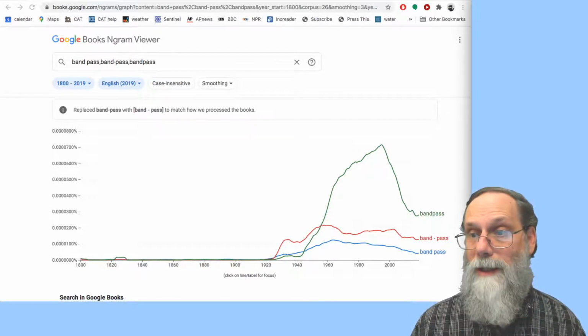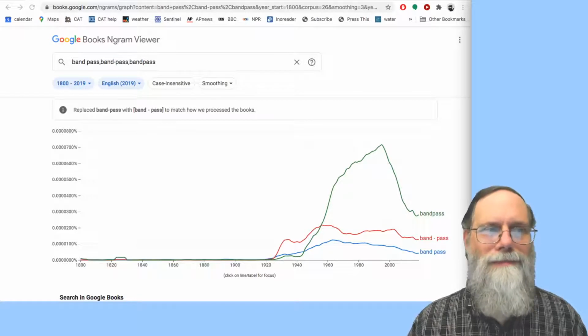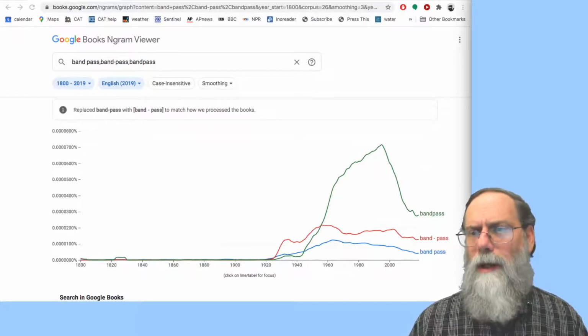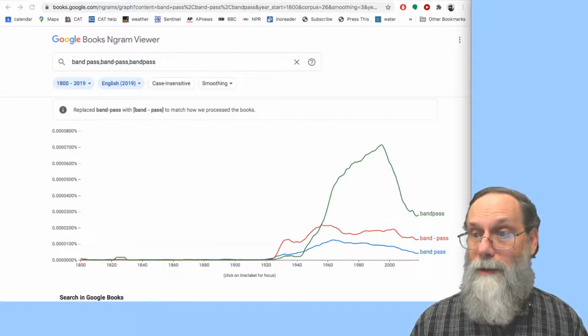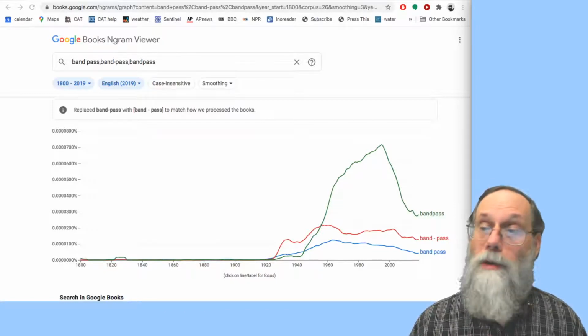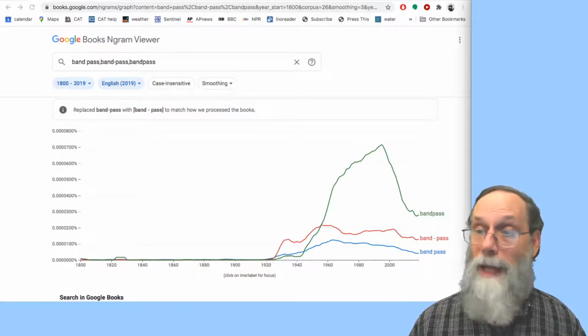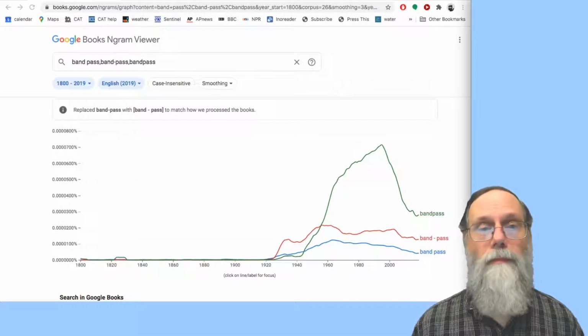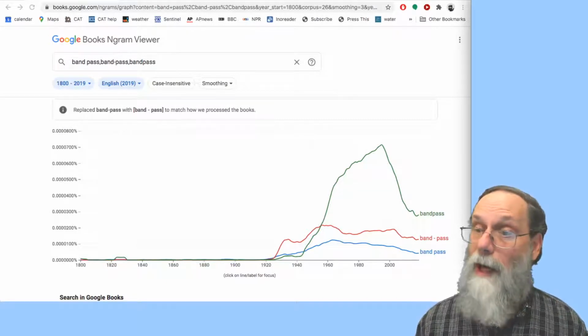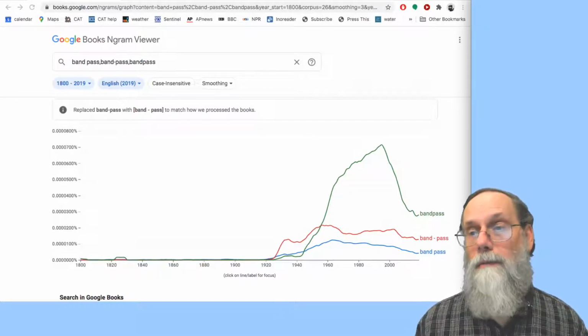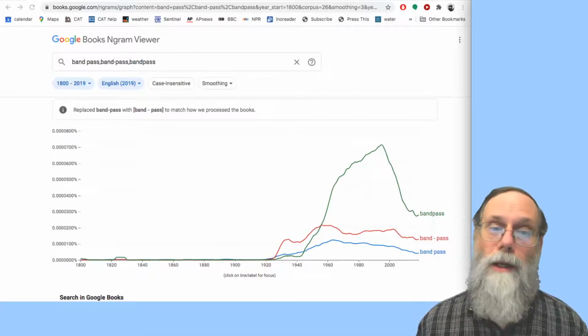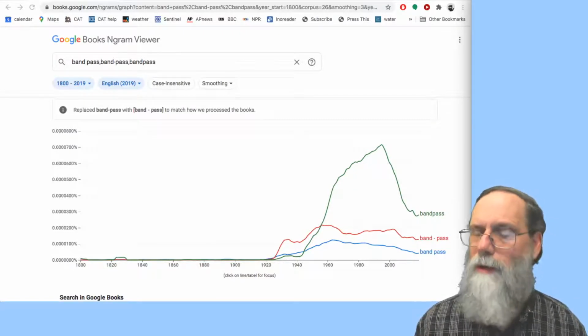Which one's correct? Well, basically, they're all common enough to be considered correct. The most common and the most popular right now is bandpass as a single word. But band-pass hyphenated is still fairly common. And band pass as two words even is not that unusual.